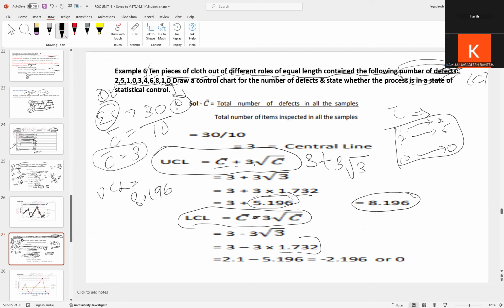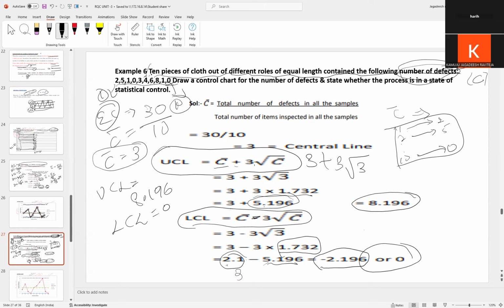Root 3 is 1.732, into 3, that is 5.196, which is subtracted. So 3 minus 5.196 is nothing but minus 2.196. We know whenever we get negative values as a control limit, we take it as 0. Okay, clear.